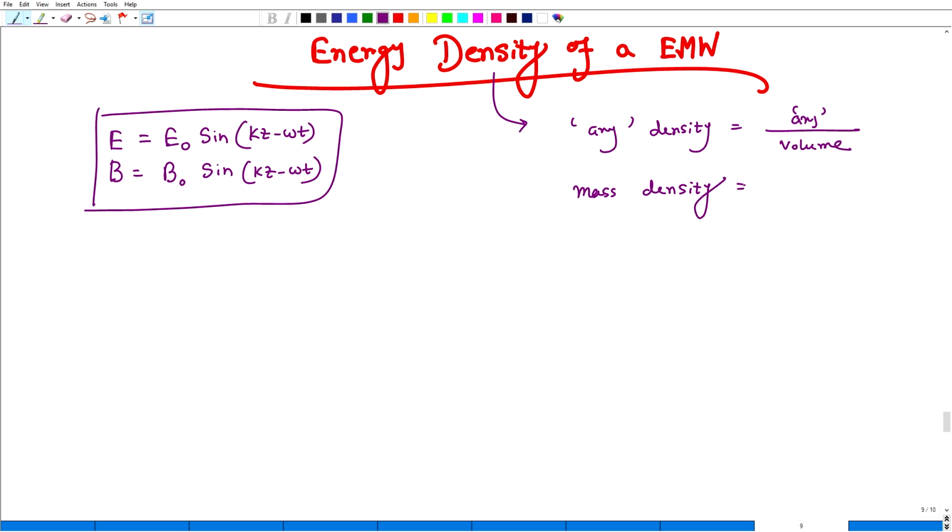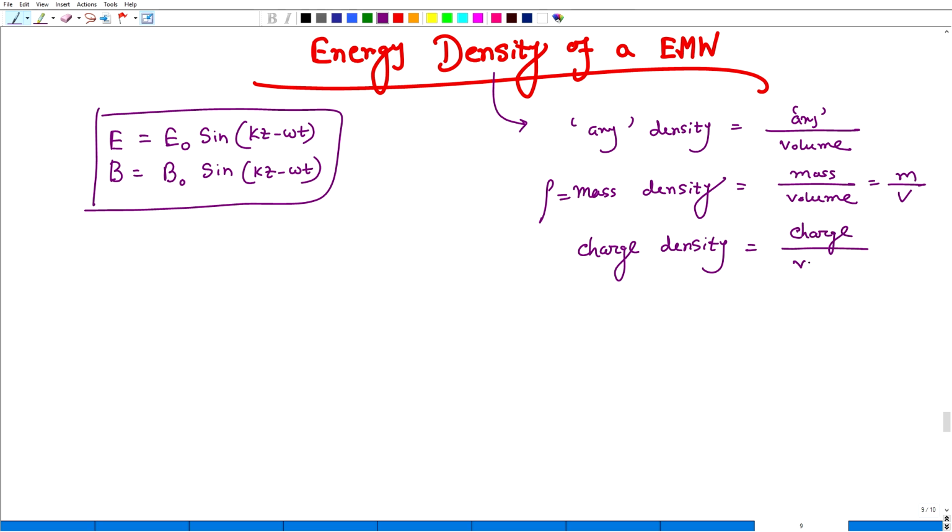If it is mass density, generally we understand mass density as the density, rho, which is mass divided by volume, m by V. Let us say it is charge density, then it will be charge by volume, that means q by V. If it is energy density, then it will be energy by volume, that means E by V. Density means per unit volume.